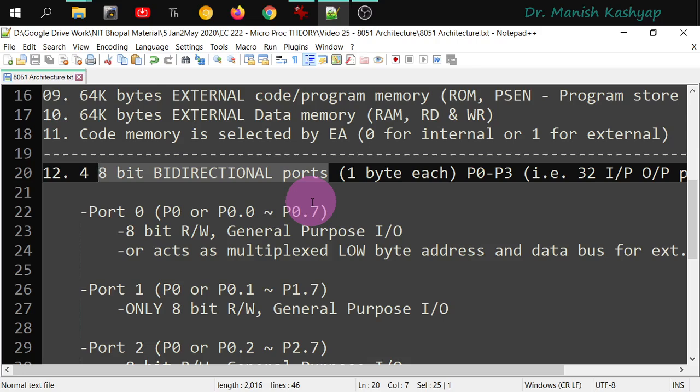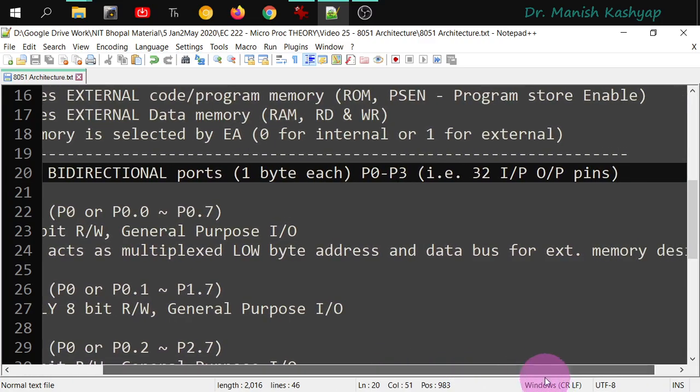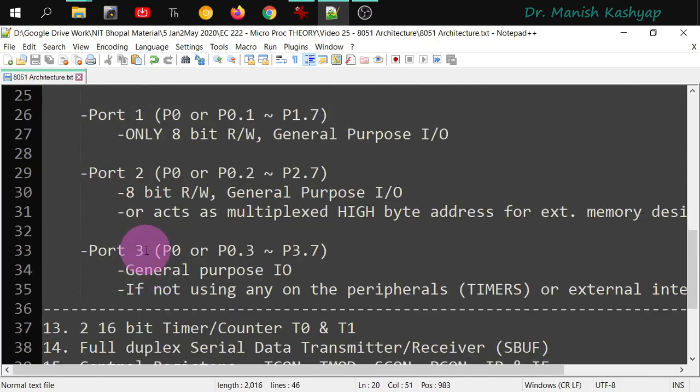It has four ports, each of 1 byte, and their names are P0, P1, P2, P3. Since each port is of 8 bits, you have 32 input output pins, or 32 bits. So port 0, port 1, port 2, and port 3 are their names.